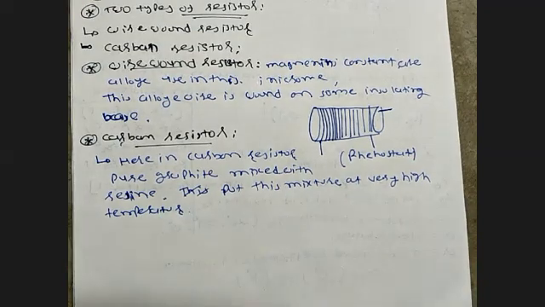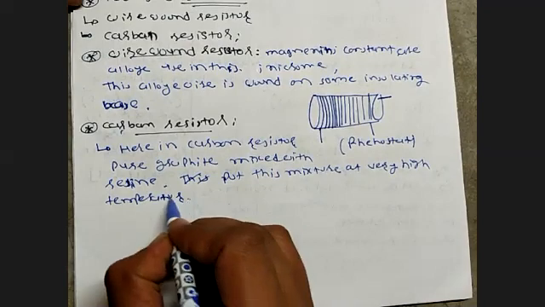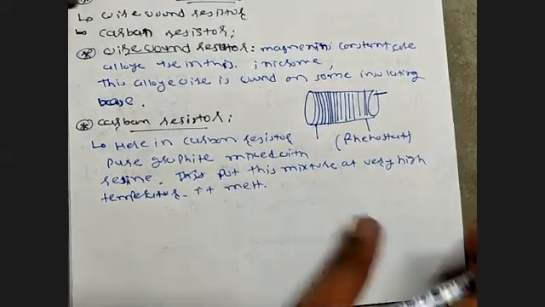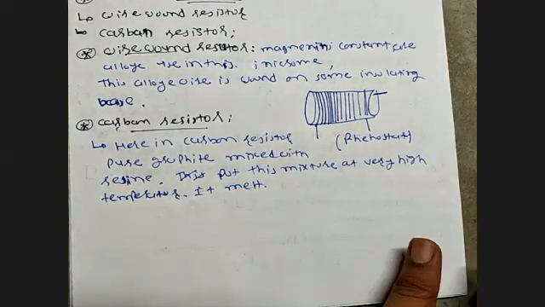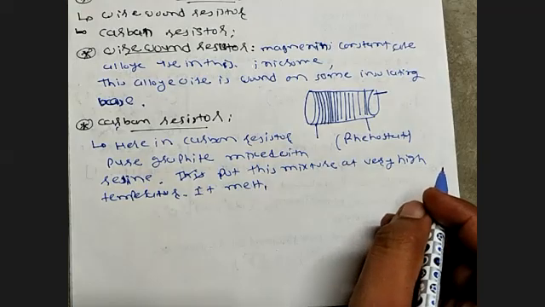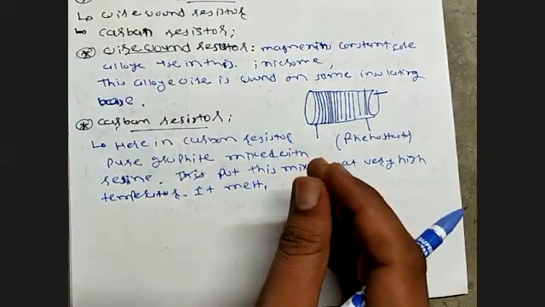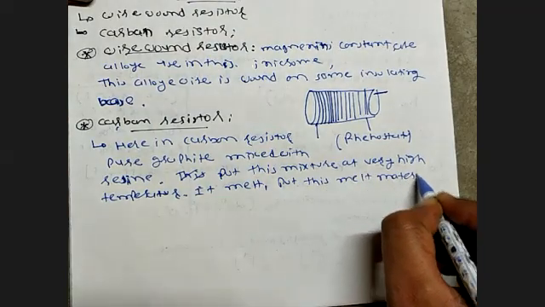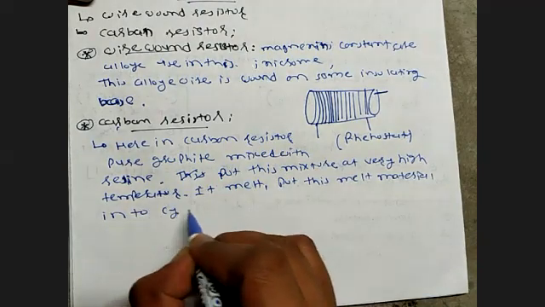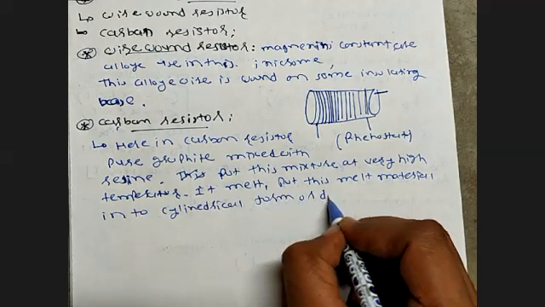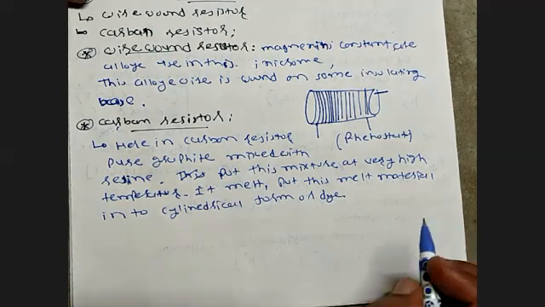At very high temperature it melts, and this melted material is put into a cylindrical die to give it a cylindrical shape.